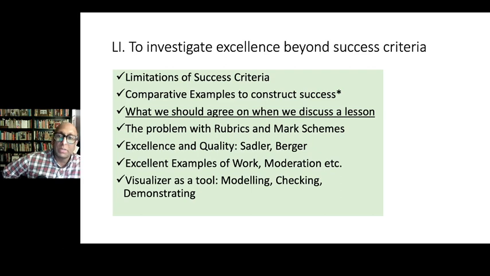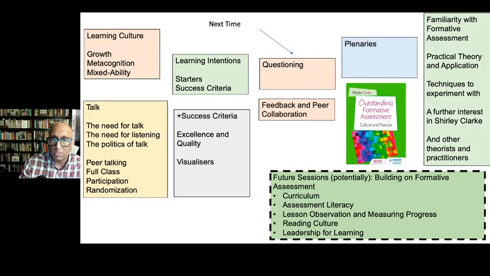We've looked a little bit, and I think I could do more, but maybe if you want to investigate, you should do more reading on thinking about the problem of rubrics and mark schemes. I've asked you to think about excellence in terms of Berger's notion of ethic of excellence and Sadler's idea about excellence in our shared minds and how we make that visible. I've talked about excellent examples of work and moderation and the visualizer as this key tool.